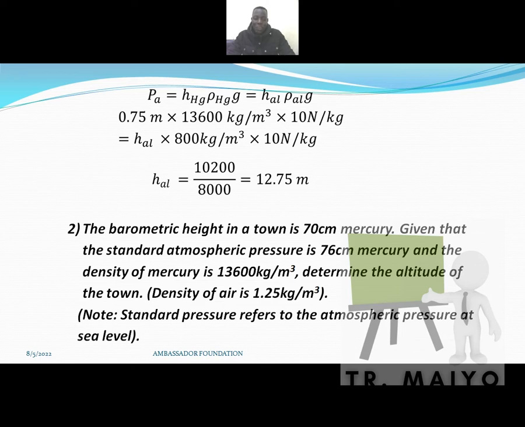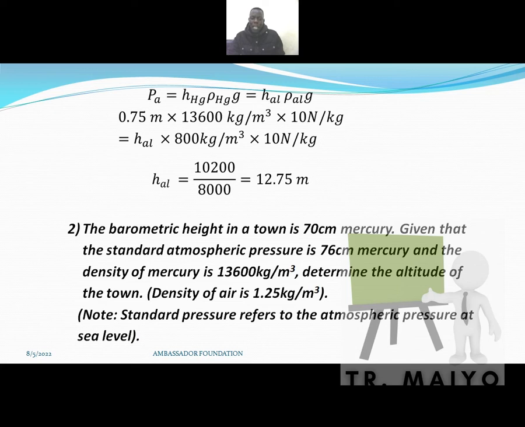Find the altitude of the town. Use the density of air to be 1.25 kilogram per meter cubed. You have been given that the standard pressure refers to the atmospheric pressure at sea level.